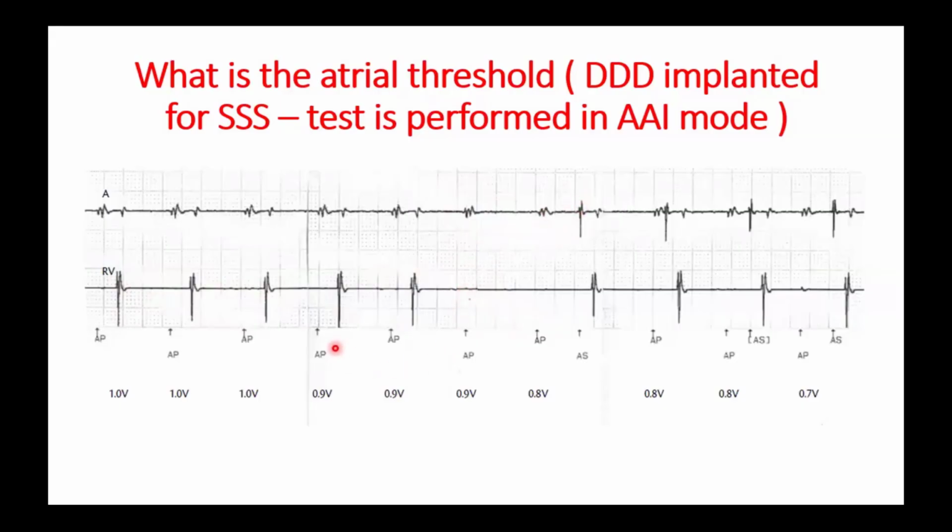So actually the threshold is 1 volt. The morphology of the EGM didn't help us a lot in the evaluation; however, the conduction and evaluation of the RV channel helped us more. So it's important to examine both channels, and this helps us in evaluating the threshold as long as there is normal conduction.